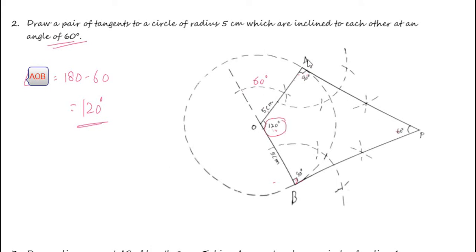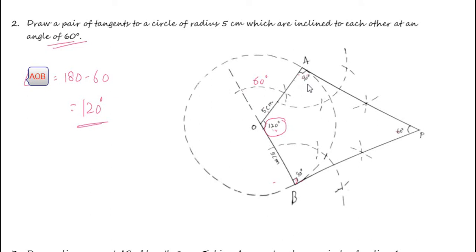So join OA. Now you got the two points A and B where the two tangents from the external point touch the circle. But you know the angle between the radius and the tangent is 90 degrees.